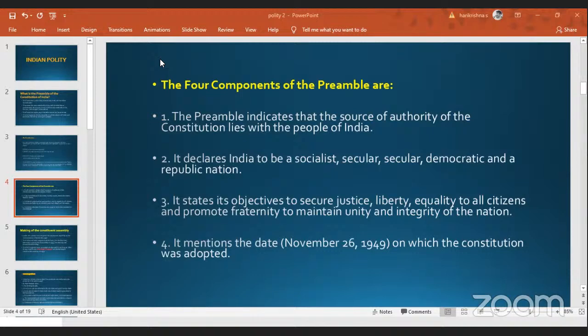Third, it states its objective to secure justice, liberty, equality to all citizens and promote fraternity to maintain unity and integrity of the nation. And finally, it mentions the date, November 26, 1949, on which the Constitution was adopted. So you should keep in mind the year and date, that is November 26, 1949.